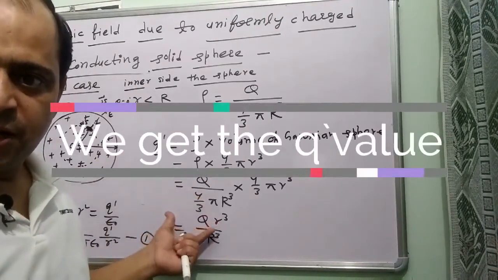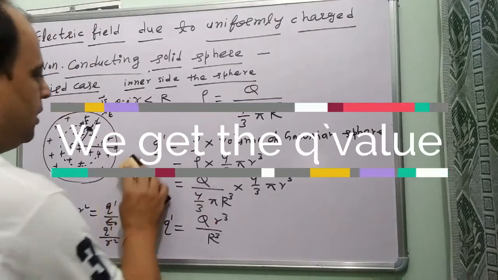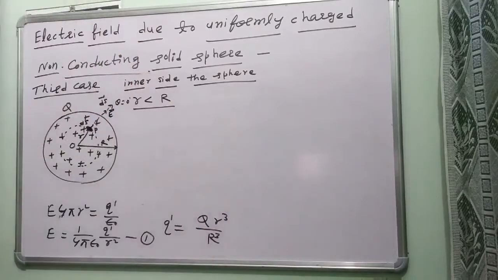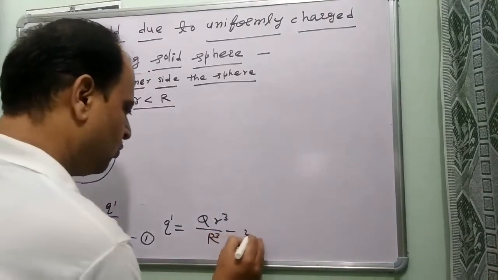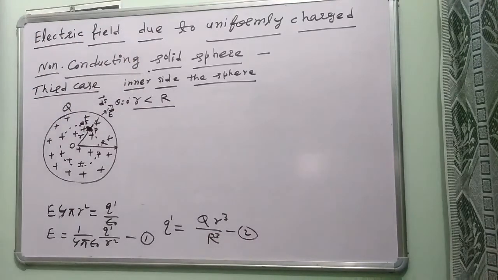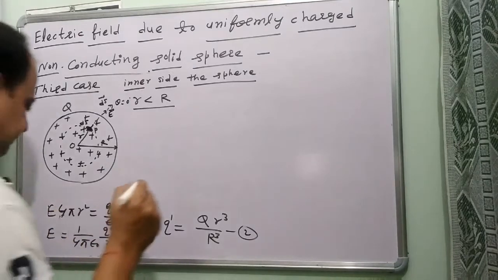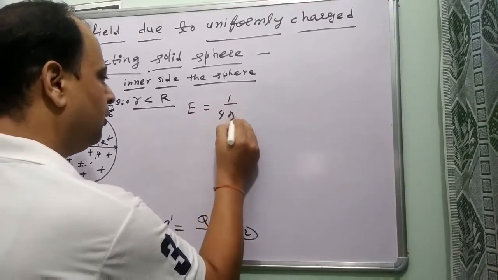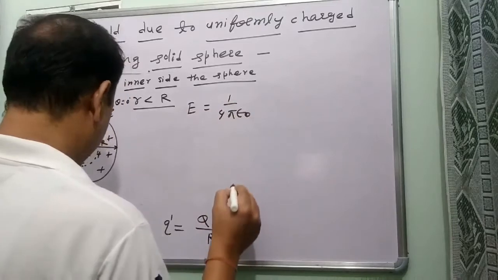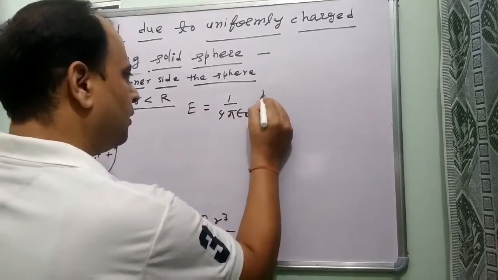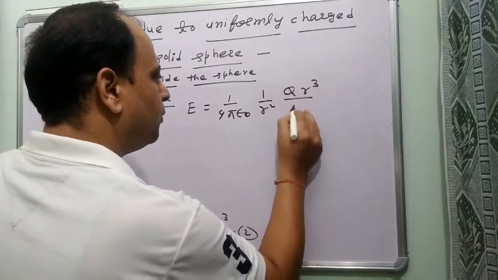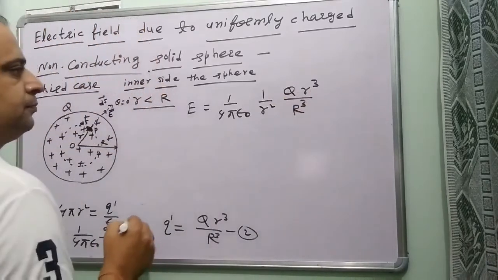We understood each point of this topic. Now this is equation 2. From equation 1 and 2, E equals 1 upon 4 pi epsilon 0 times 1 upon r square times q dash, where q dash is Q r cube upon capital R cube.